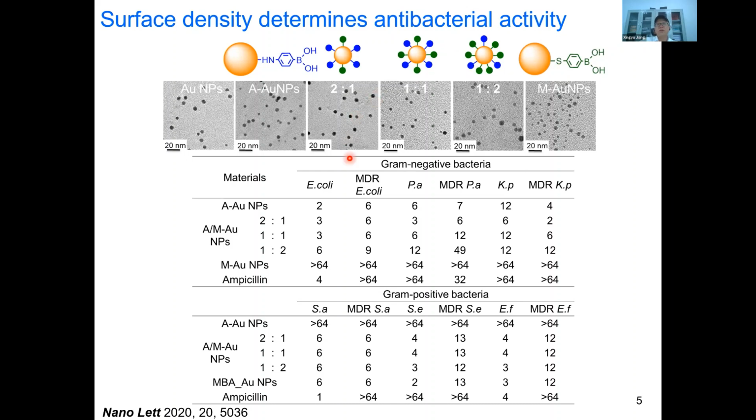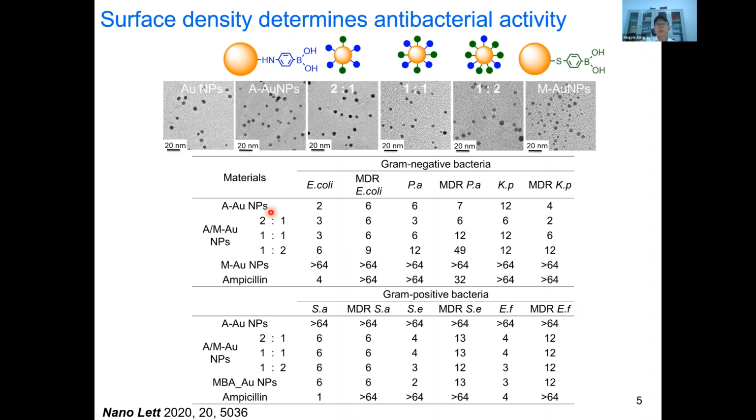And then it turns out that we can actually adjust what kind of bacteria the nanoparticle can kill. So it's sort of a selective killing of the bacteria using gold nanoparticles. So if you look at the gram-negative bacteria, such as E. coli, MDR, the multi-drug resistant strain, Pseudomonas aeruginosa, and the multi-drug resistant version, and Klebsiella pneumoniae, and the multi-drug resistant version.